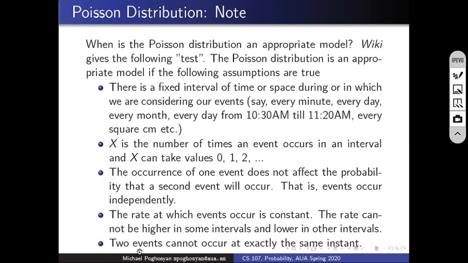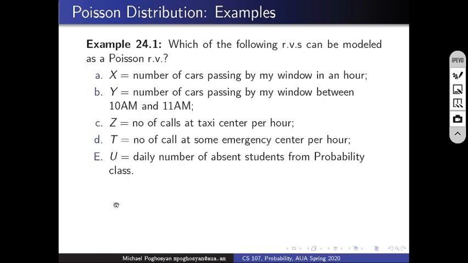Sorry, I forgot about the last one. Two events cannot occur at exactly the same instant. Okay, in this case, we can model X as a Poisson random variable.